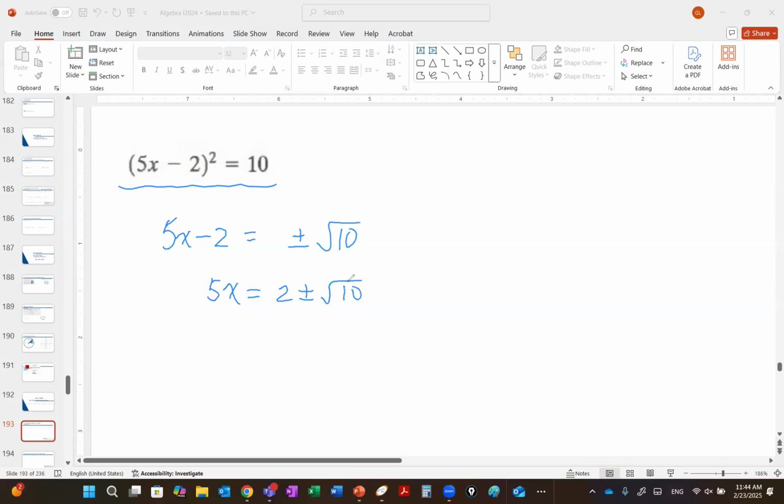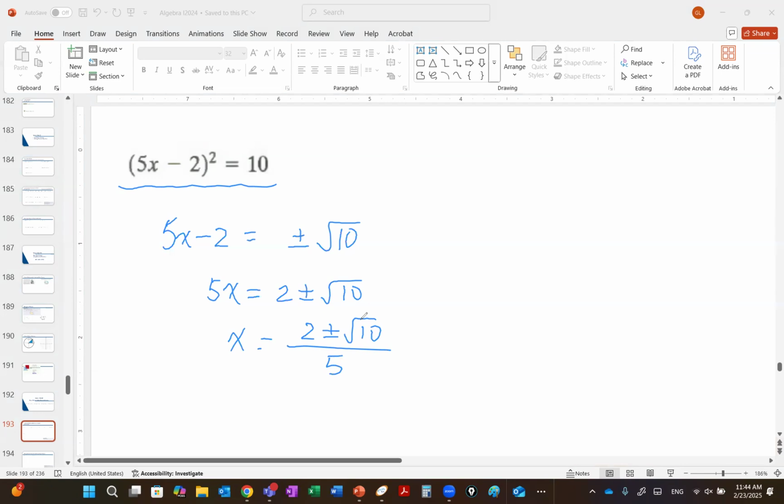Is it correct? 5x equals, we move 2 to the right side. No problem, huh? All right, both sides divide by 5. Is it correct? So right now, this is not a rational number. This is an irrational number, right? We don't simplify. Let's see. Keep it here. There are two answers.